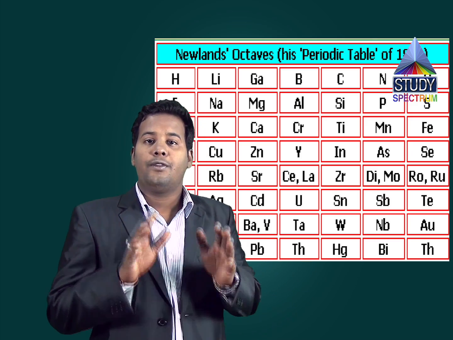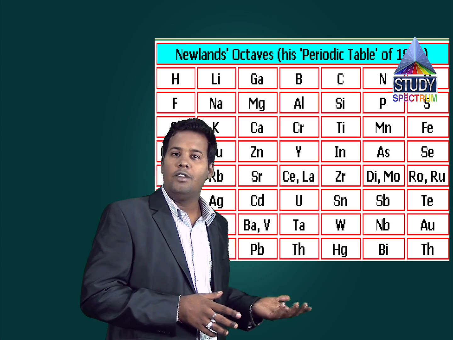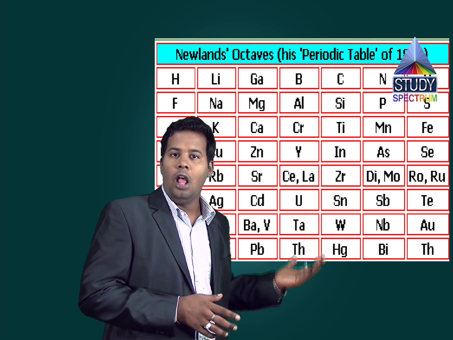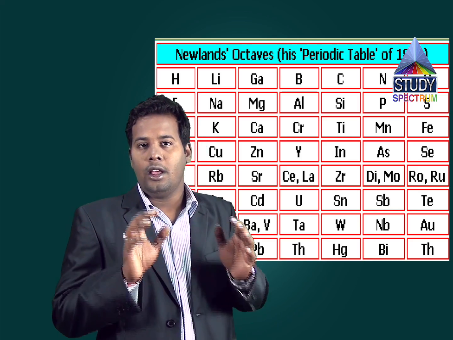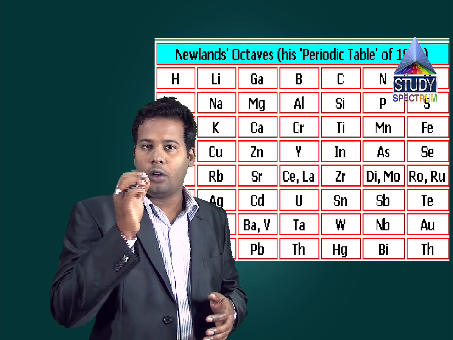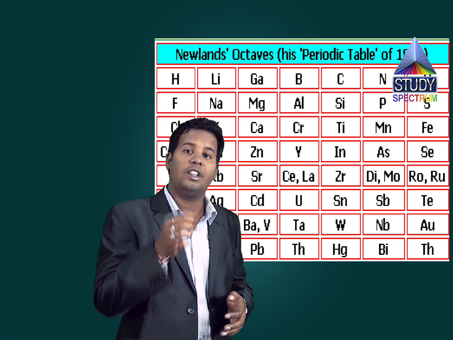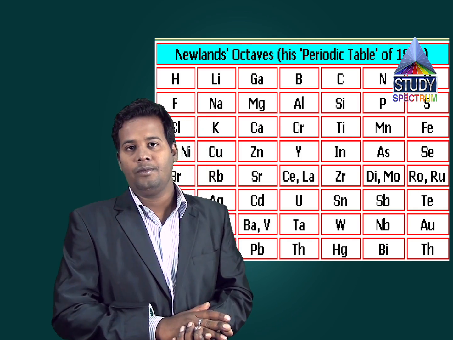But at that time 56 elements were discovered. He was able to place only 21 elements in his periodic table, and above all the last 4 elements were not obeying his law, which was that they should have the same properties as their first element if they are considered as the 8th element.